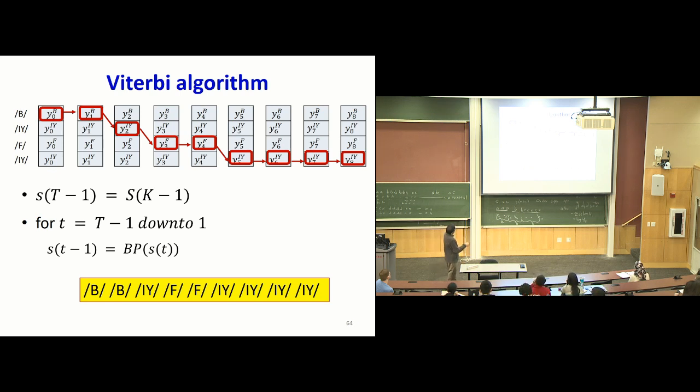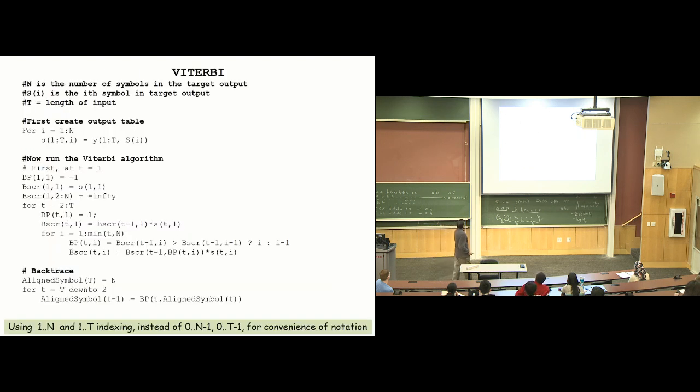So here is the newly aligned sequence, right? It's B, B, E, F, E, E, E, E. And so this is the entire Viterbi algorithm over here. Here in the first step, you're creating the output table, which is to say you're pulling out the rows corresponding to each symbol in your symbol sequence and creating this new table, right?